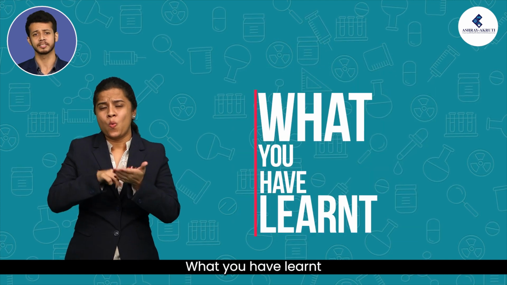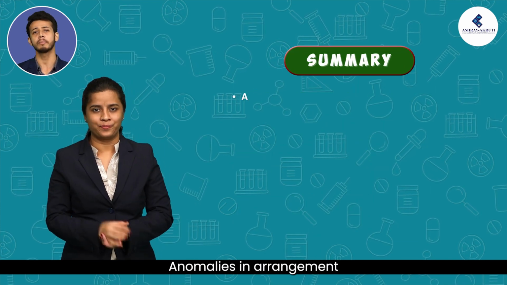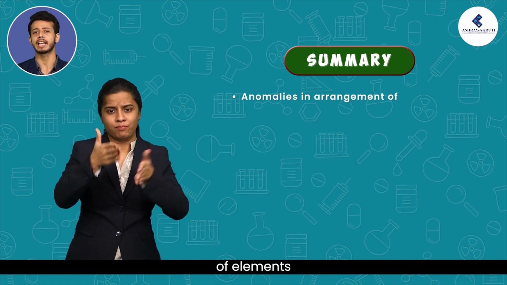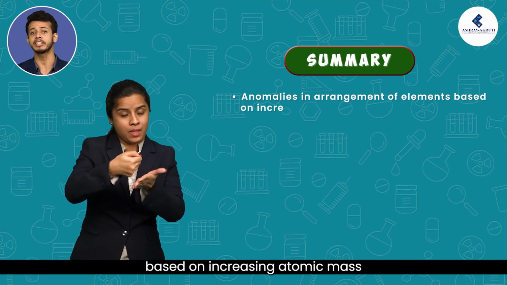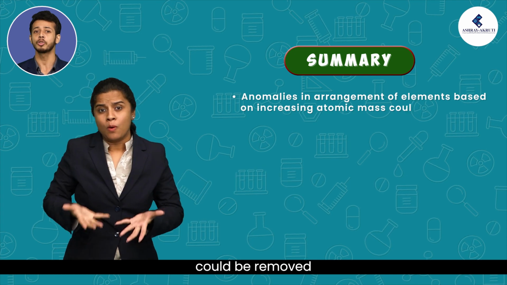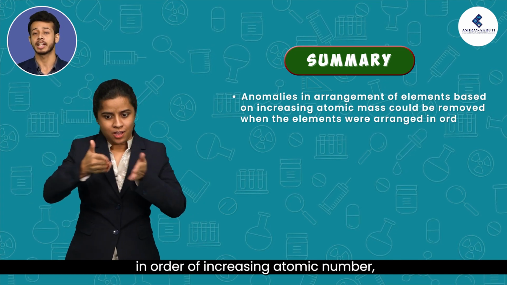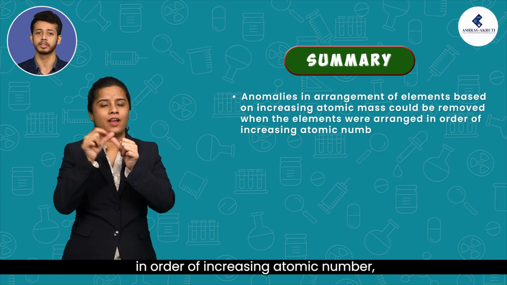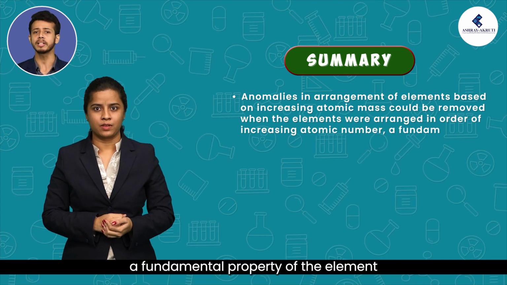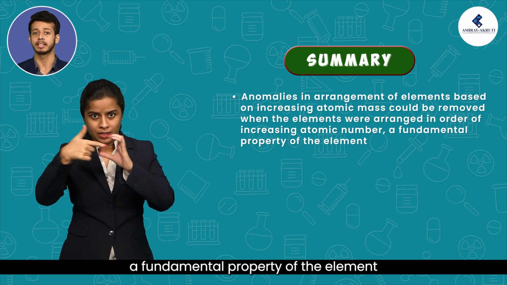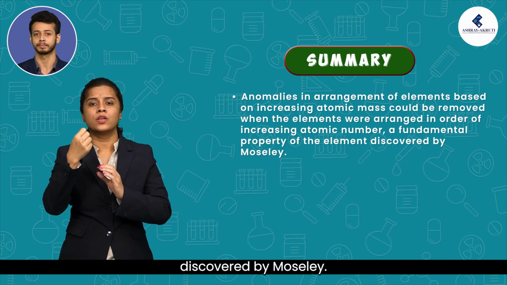What have you learnt? Anomalies in the arrangement of elements based on increasing atomic mass could be removed when the elements were arranged in order of increasing atomic number, a fundamental property of the elements as discovered by Moseley.